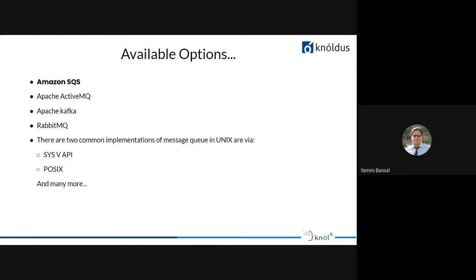Yes. Okay, so would it be appropriate to conclude that Amazon SQS is recommendable only for applications that use the AWS ecosystem, and for the others we can go for the other open source options available?